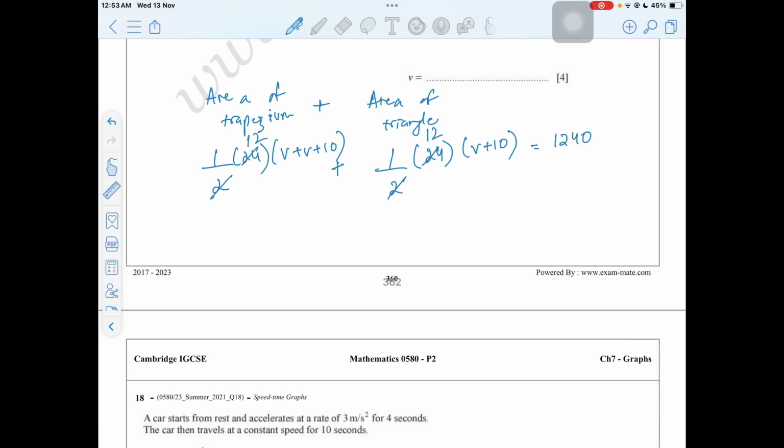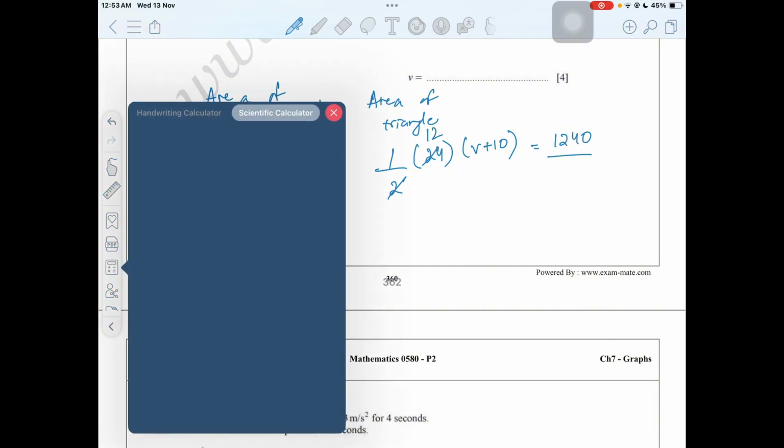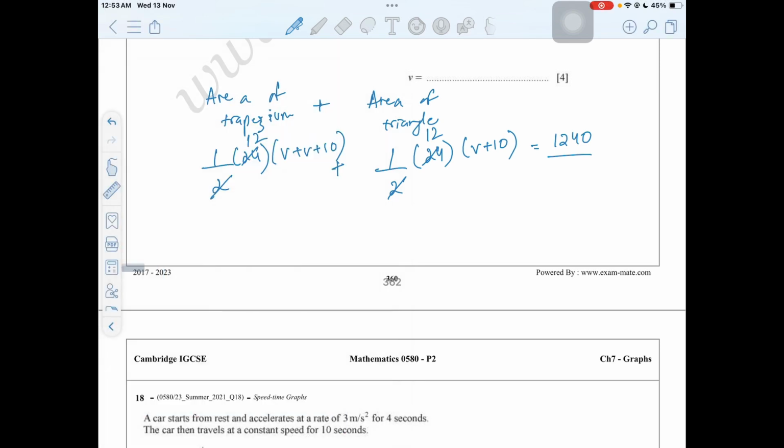So taking 12 as common, we are taking 12 as common from both, right? So this would be 12, and here we will be left with 2v plus 10 plus v plus 10, right? So this is 1240. 1240 would be divided by 12.